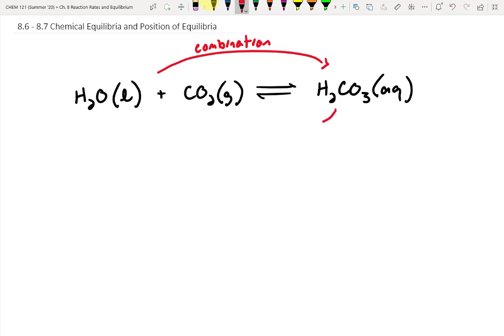Because we have this competing reaction that also takes place at the same time. So just as we're forming some carbonic acid, some of it is going to decompose back into water and carbon dioxide, right? So here's the weird thing, is that at equilibrium, all three of these are present.